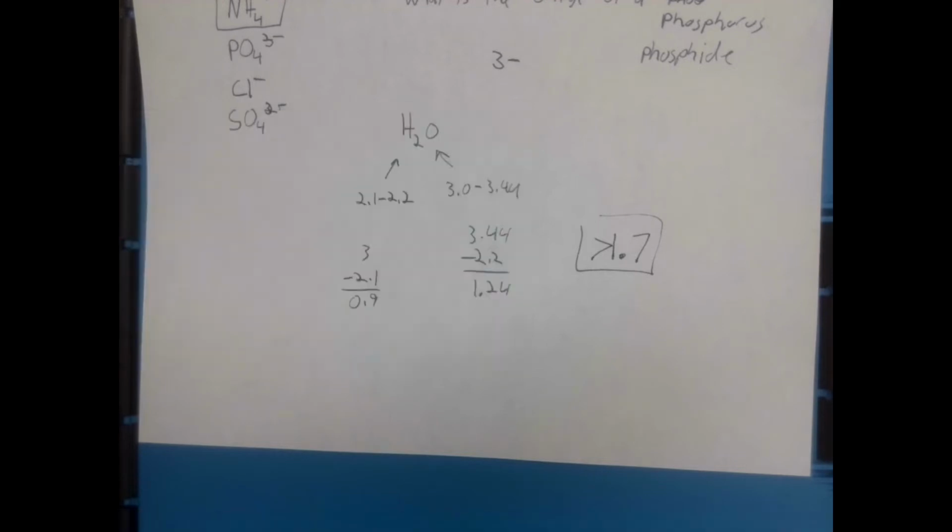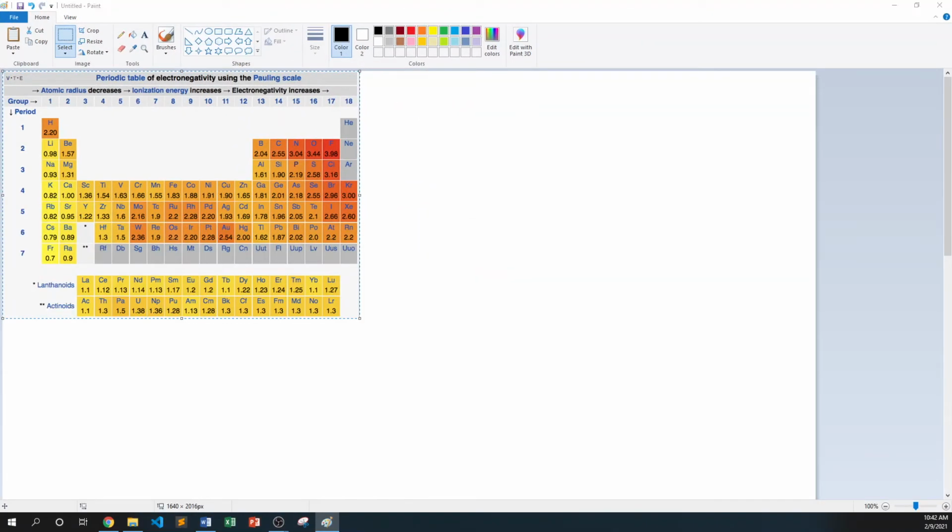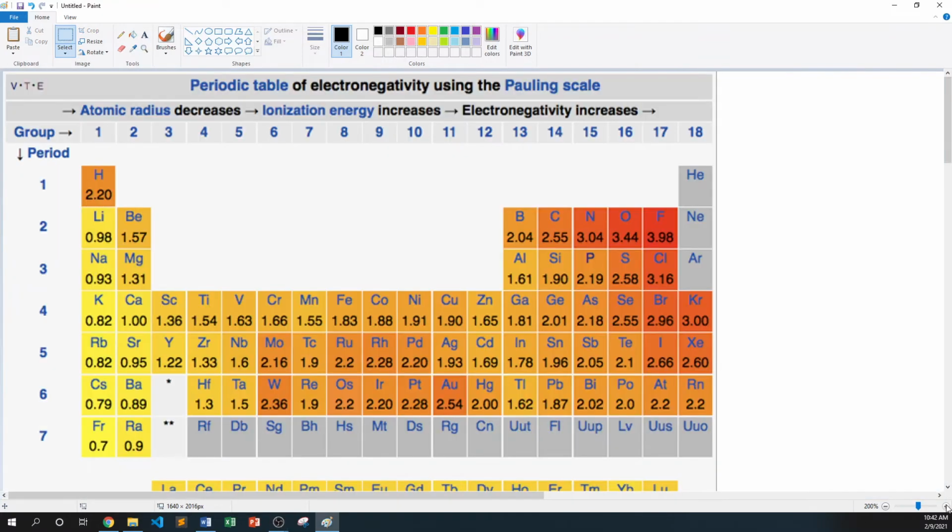I need to confirm. So on the test, I'm using this one. I don't know if that's the best one. Doesn't really matter. I just found one that has very precise values. Basically it doesn't matter. You just use whatever values are on the test.